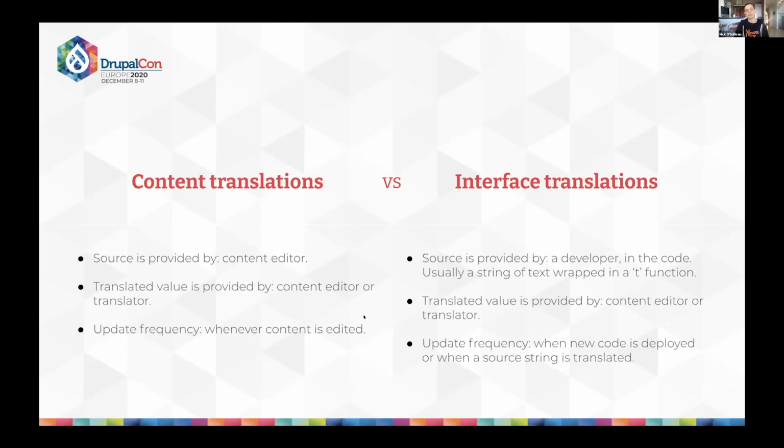Interface translations are usually created by developers, whether that's in Twig templates, wrapping text in a T function, or in a JavaScript front end, with much the same T function to say, this is a string that I want to be translated at some point. So the main difference is you're passing from a developer to a translation team, or maybe just a content editor. Just to get those two terms clear.